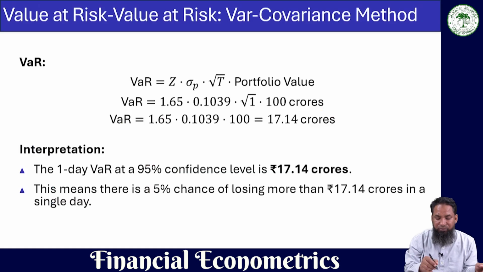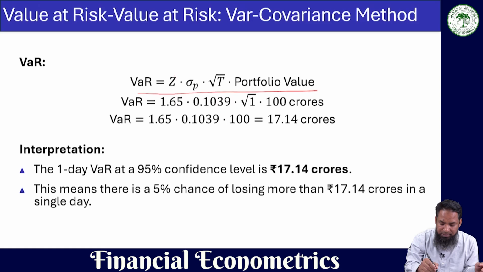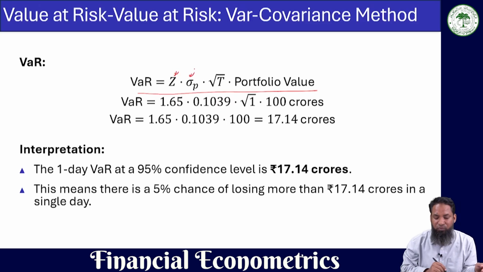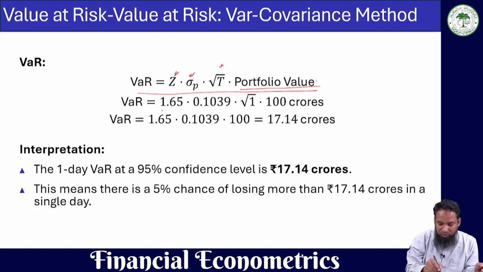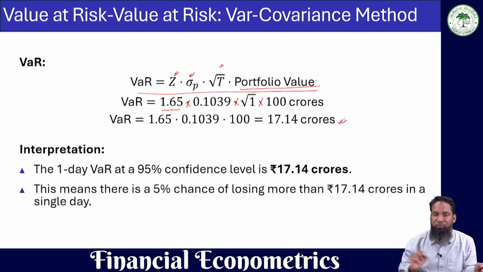So this is what we have. We have this particular formula for value at risk, where Z is the value of the Z score, sigma p is the standard deviation of the portfolio, T is the holding period time, and this is the value of the portfolio. So here we have 95%, that means 1.65, multiplied by the standard deviation, 0.13, multiplied by the square root of the time and multiplied by the value of the portfolio, and ultimately we have 17.14 crores.